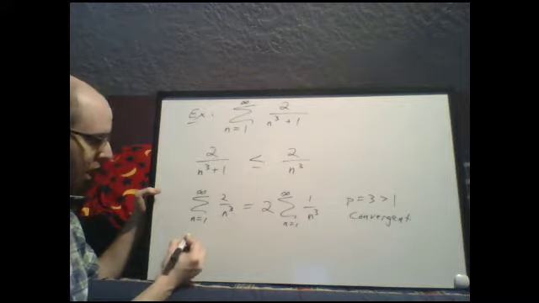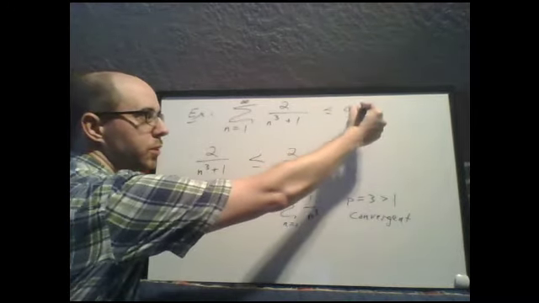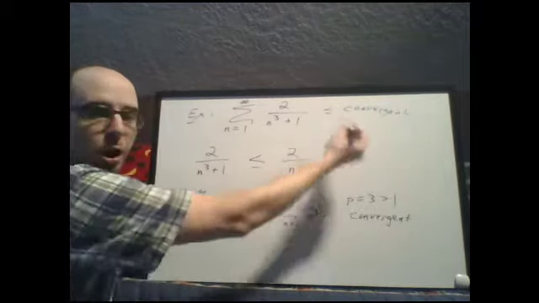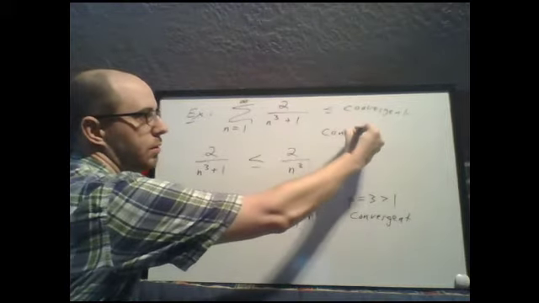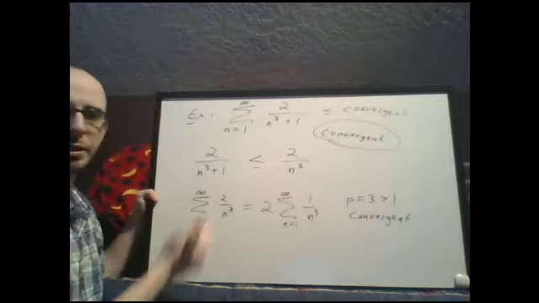So our unknown series, this one, is less than or equal to something that's convergent. And if you're smaller than convergent, that means you're convergent. So my answer for this series is convergent.